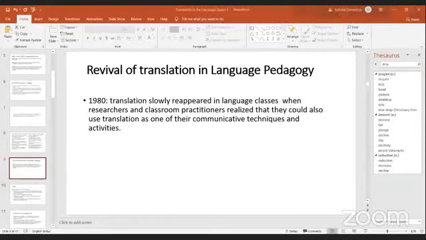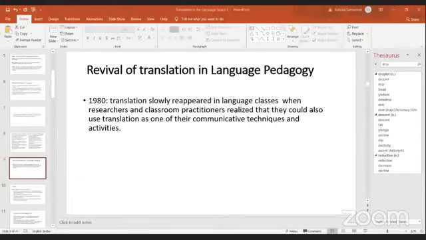So arguments that favor translation now propose that translation is a natural and easy comparison between the target language and the native language. It facilitates coding of difficult target language structures and elements, and it is also an effective comprehension tool.